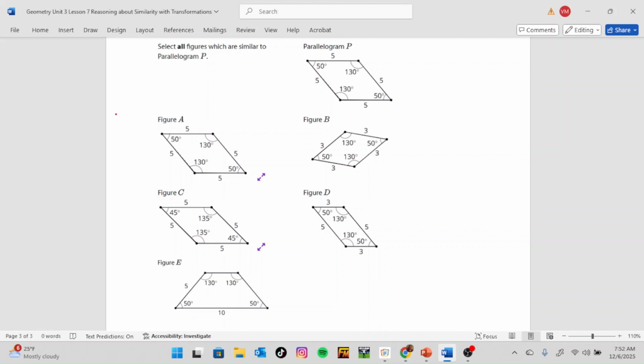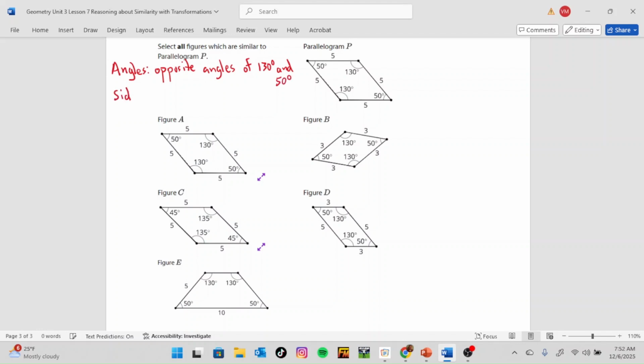If we want them to be similar, then we need our angles to be the same. That means opposite angles need to be 130 degrees and 50 degrees.